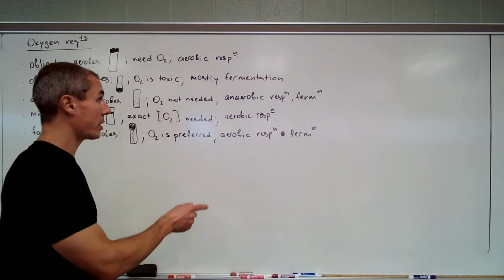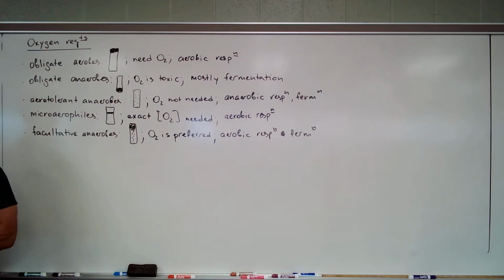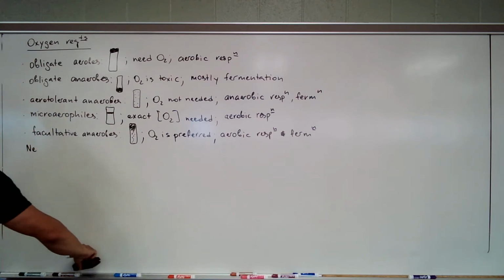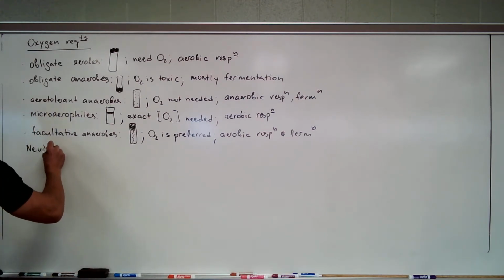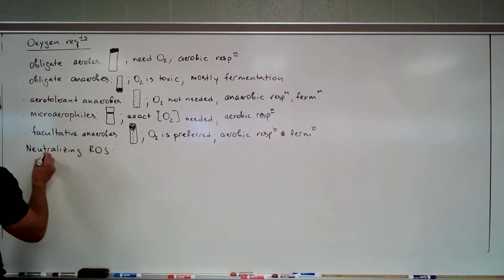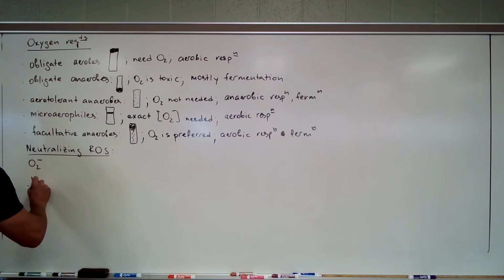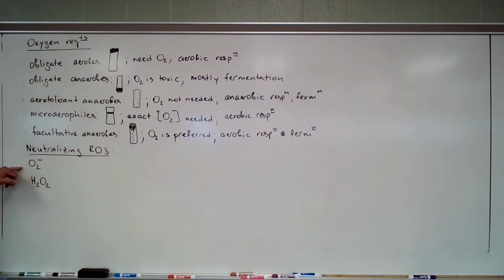Now, addressing this, why mostly fermentation? There are 3 enzymes that are essential to neutralize reactive oxygen species. We have 2 species that are most important: superoxide anion, O2 minus, and hydrogen peroxide.